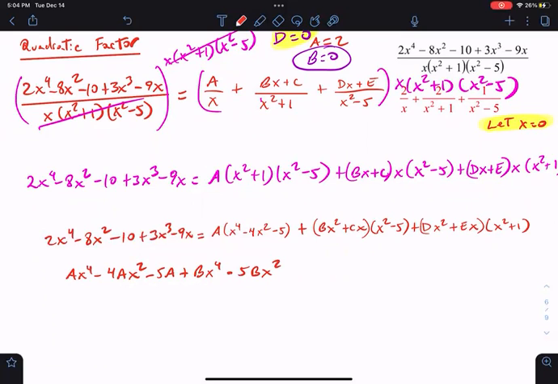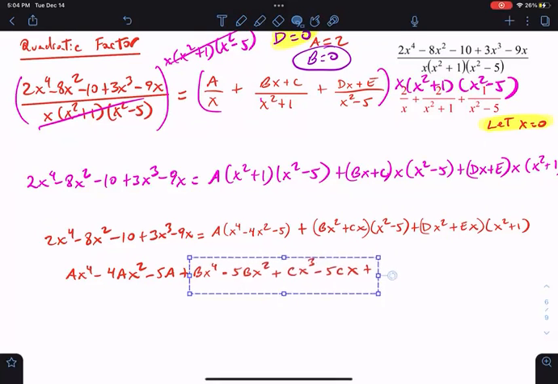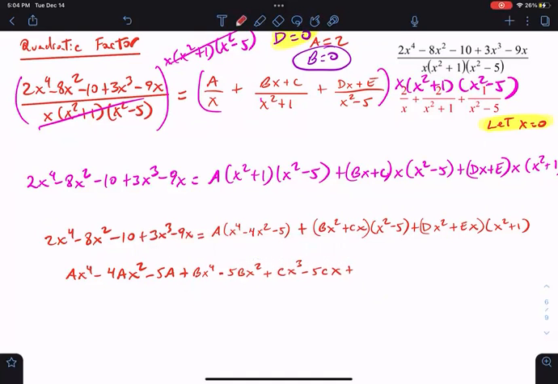And then we have cx cubed minus 5cx. And then that side is going to be dx to the 4 plus dx squared plus ex cubed plus ex, right?